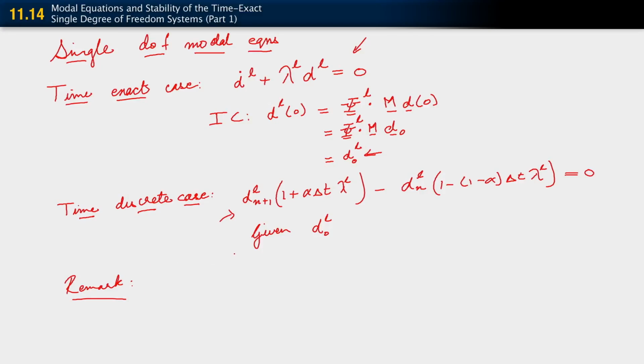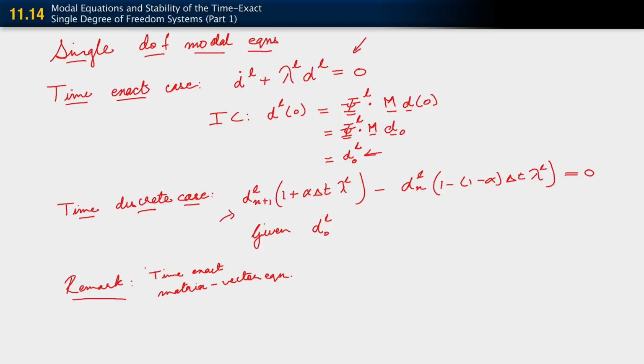Okay, so what we have done here is the following, right? We have at one end the time exact matrix vector equation, right? This is md dot plus kd equals 0.